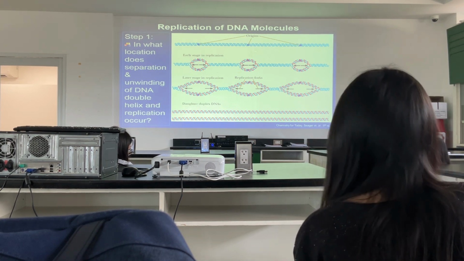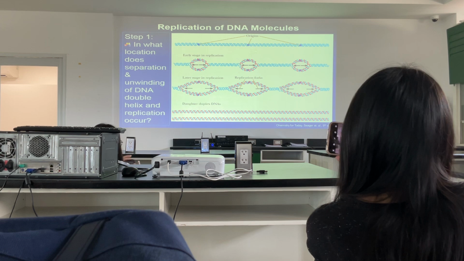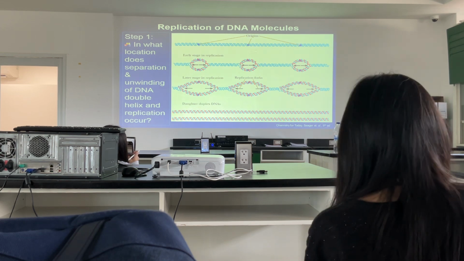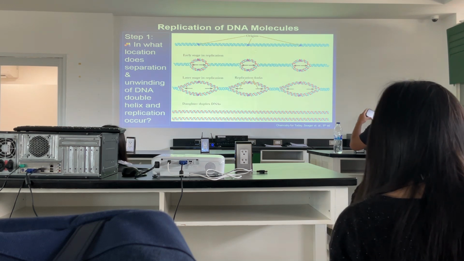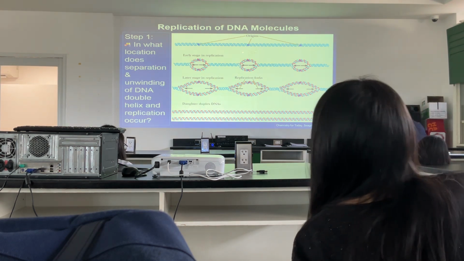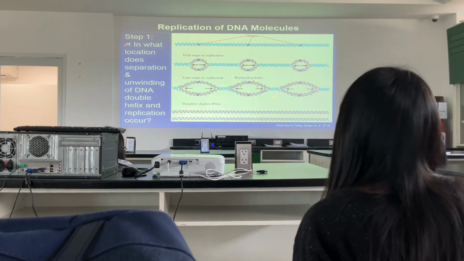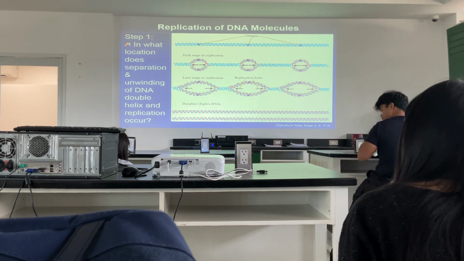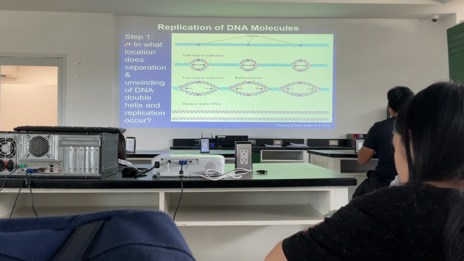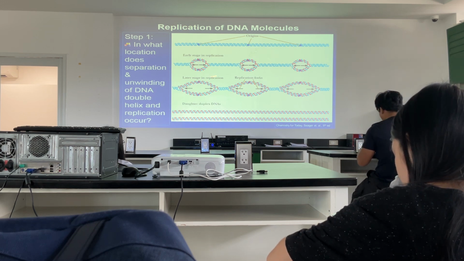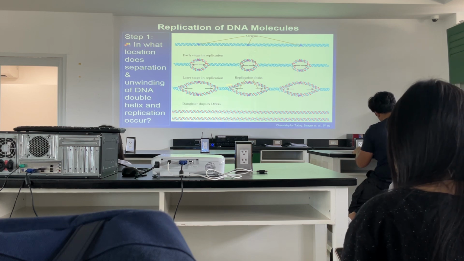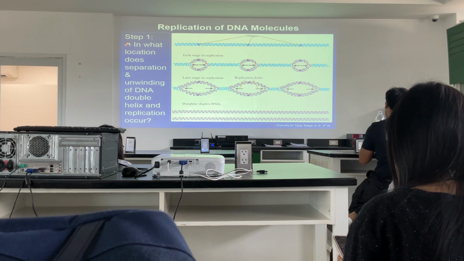It will not occur in only one portion of the double-stranded DNA. It will occur in several locations. And at those portions of the DNA double strand where separation of the strand will occur, a replication bubble is produced. These are what we call replication bubbles. So you have several sites where DNA replication will occur.